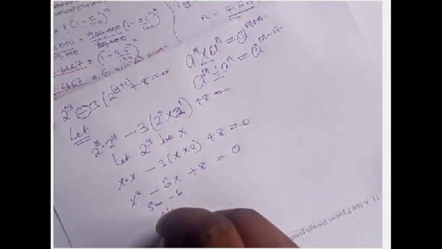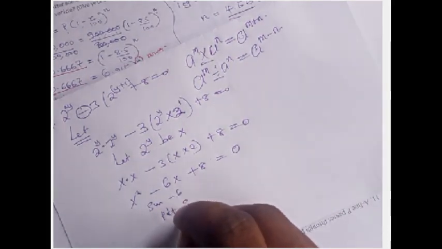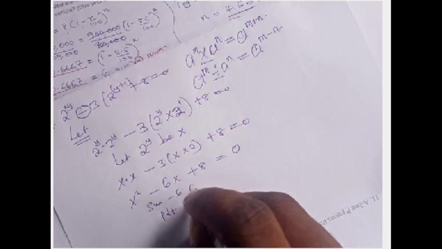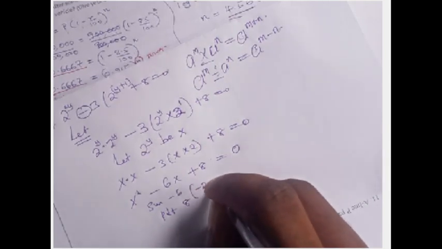And then we have the sum, negative 6, product 8, two numbers, negative 2, negative 4.